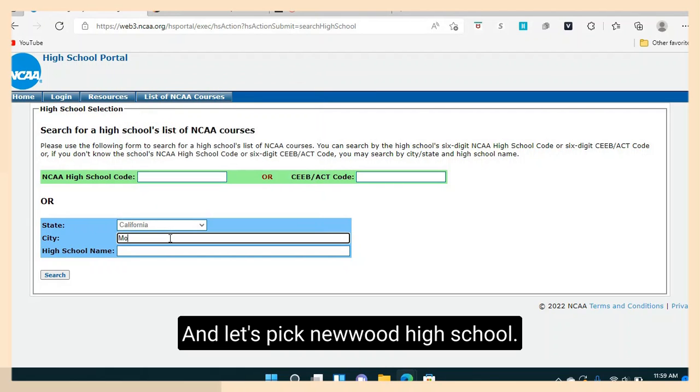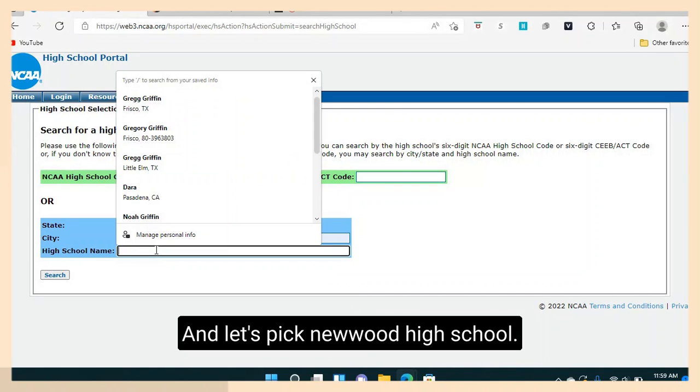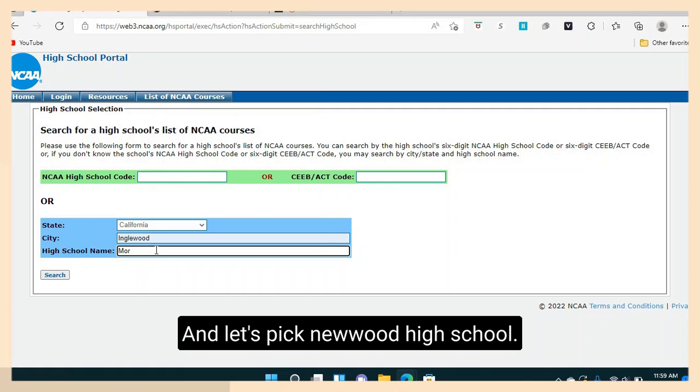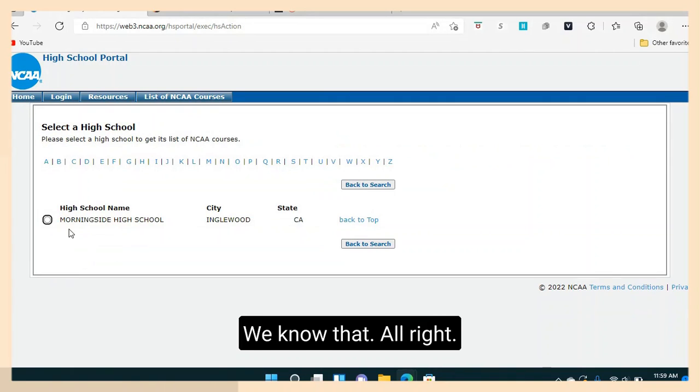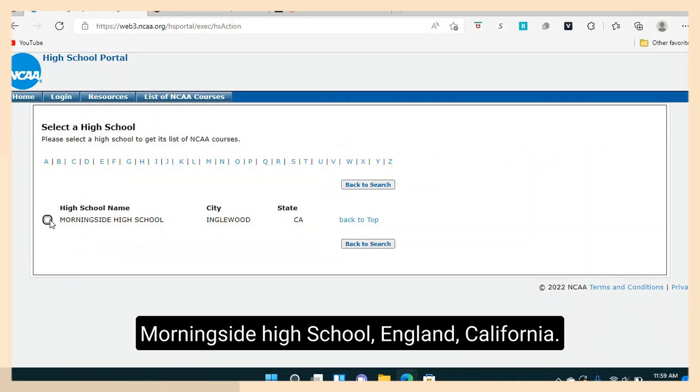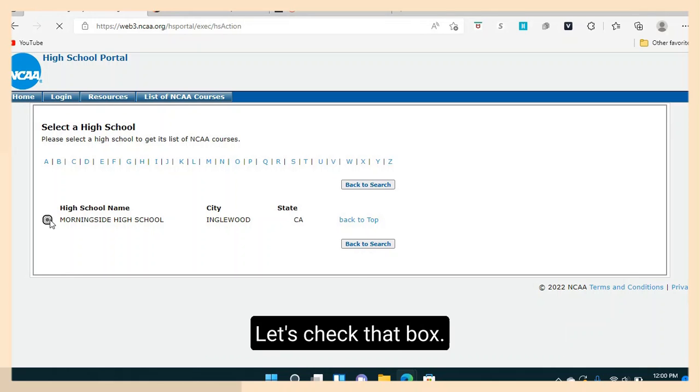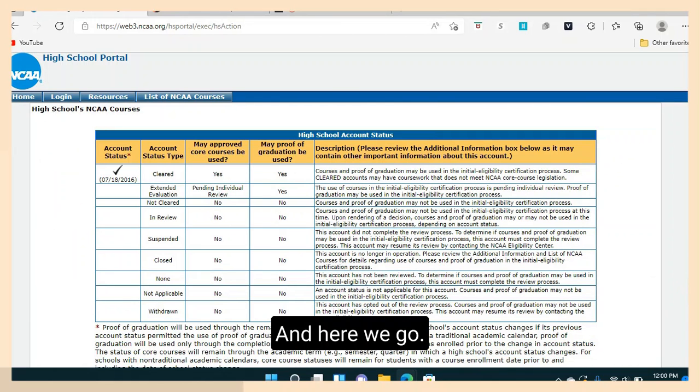And let's pick Inglewood. Morningside High School, right? We know that. All right, so let's pick that. Pops up, Morningside High School, Inglewood, California. Let's check that box, and here we go.